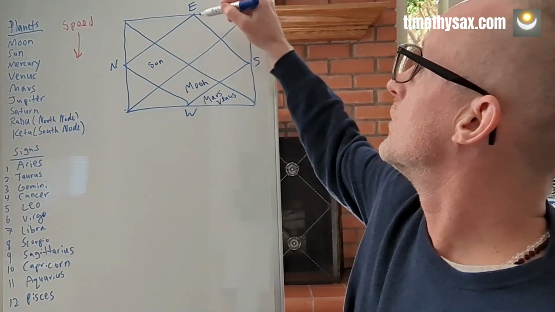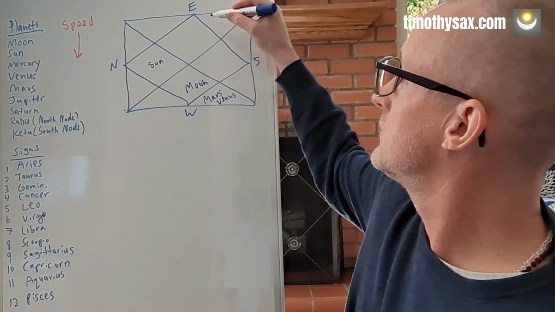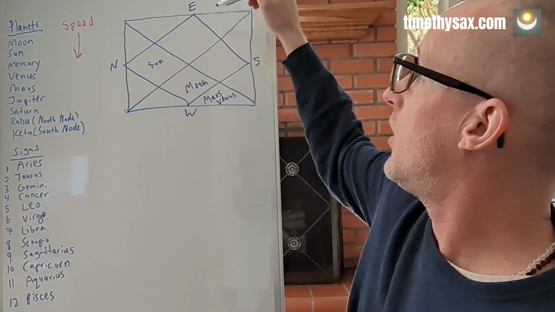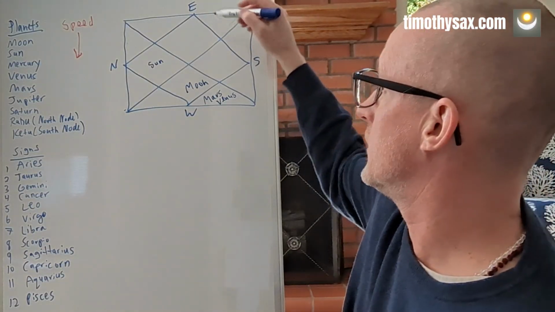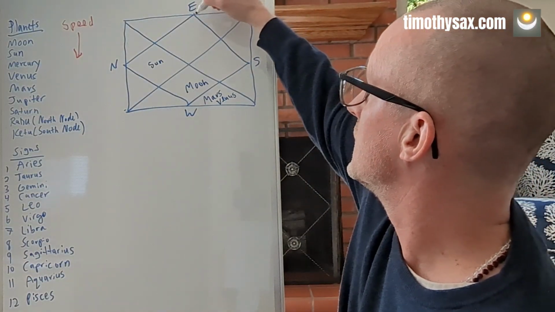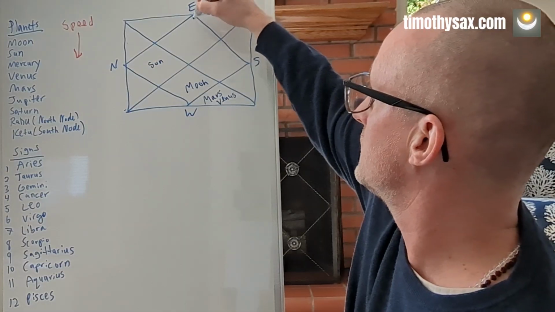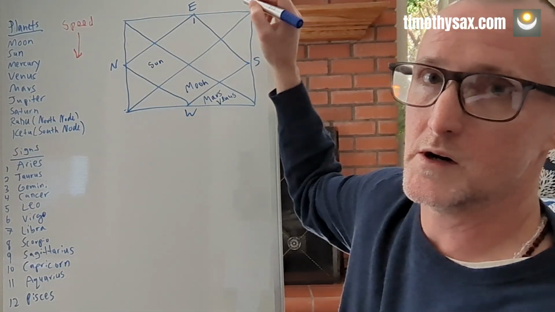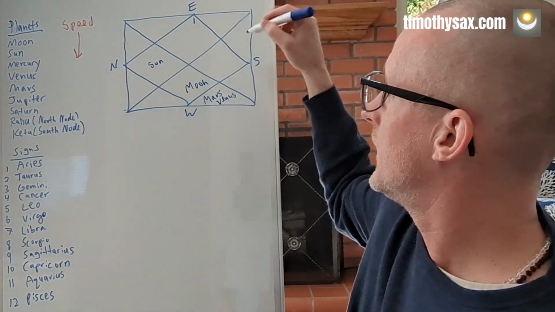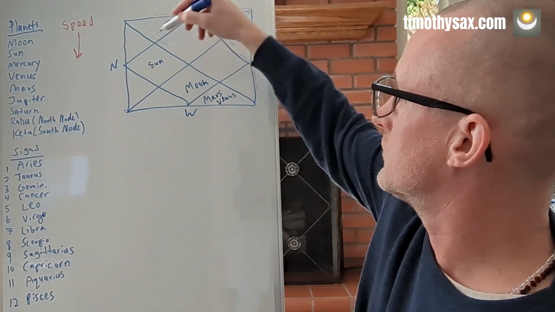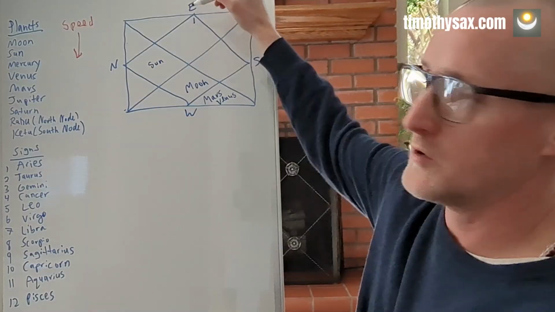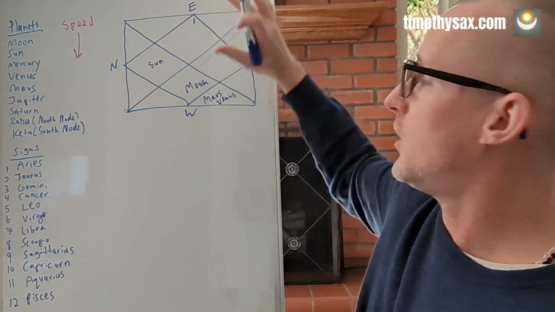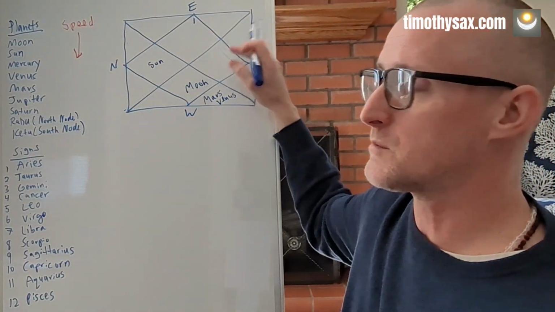So these diamonds are the houses, and always in the North Indian chart, this top diamond is the first house. Let's put a 1 there. And all the houses in the North Indian chart are fixed positions.